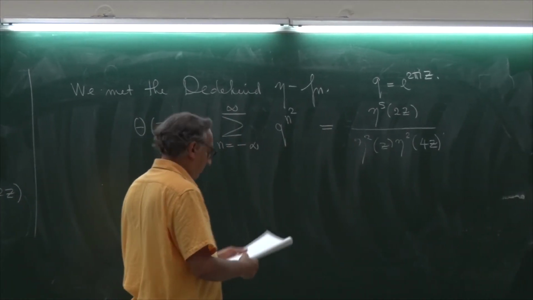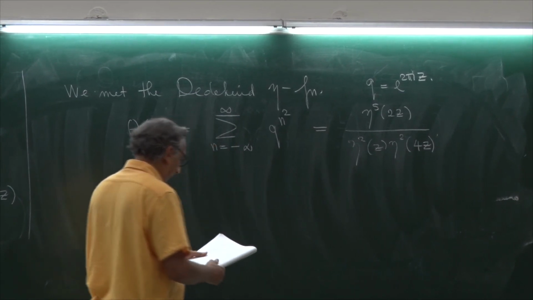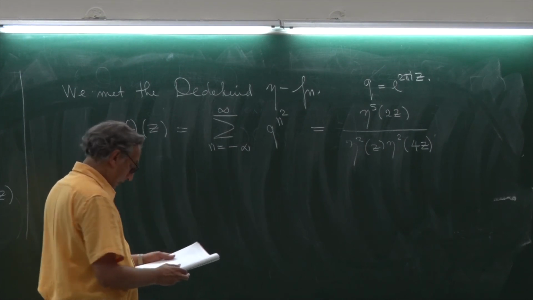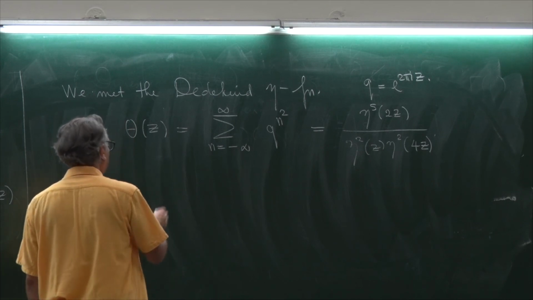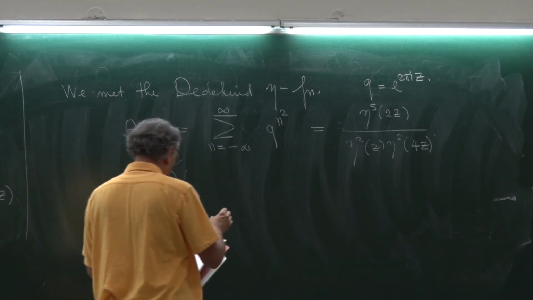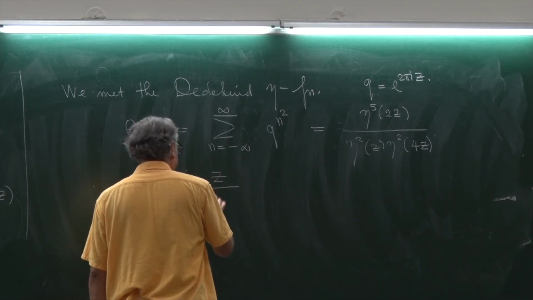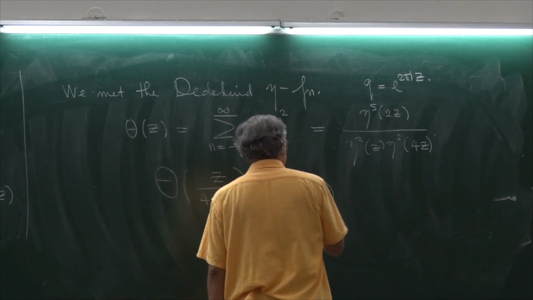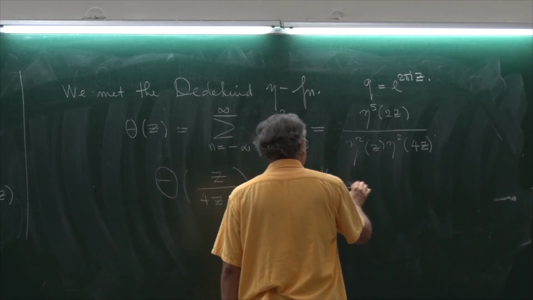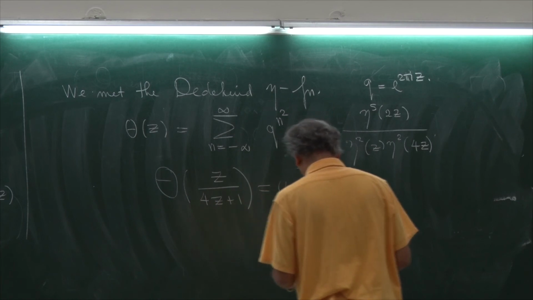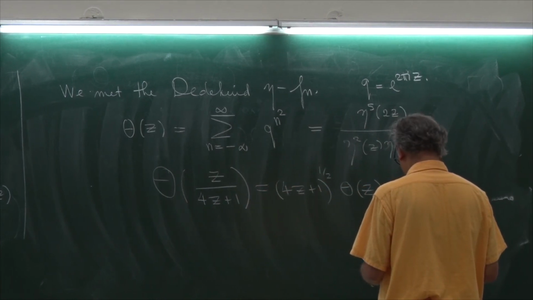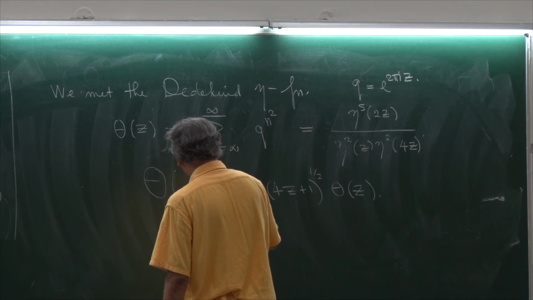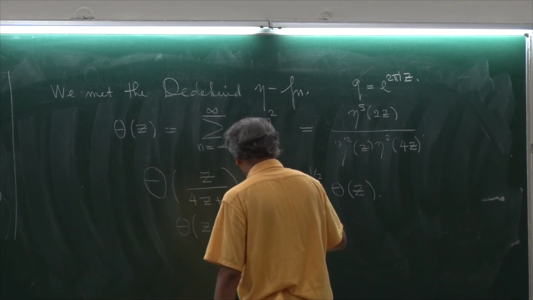Now you will remember that the eta function satisfies the functional equation that I wrote down in the morning, and so when you work it out, it's not difficult to show that theta of z over 4z plus 1 turns out to be equal to square root of 4z plus 1 times theta of z, and we also have theta of z plus 1 equals theta of z.